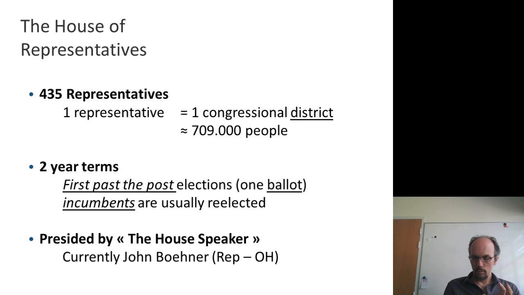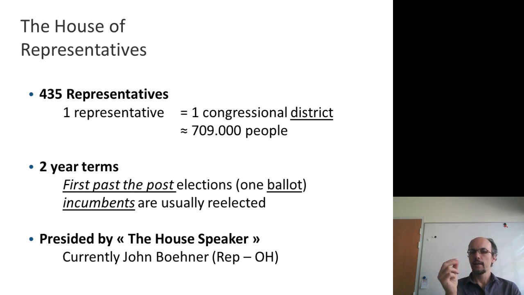And it means that each district is approximately the same size. There are small variations in the very small states, but one representative represents 700,000 people, whether it's from New York or from Wyoming.